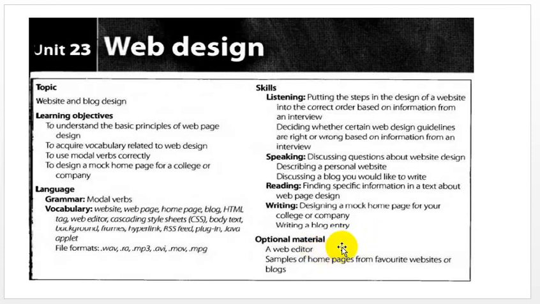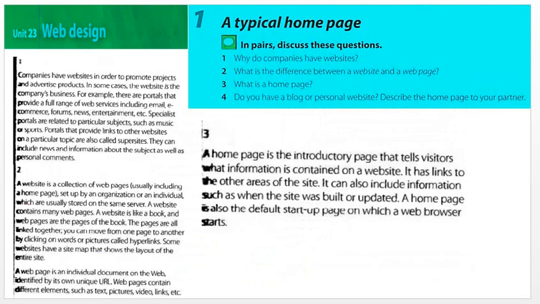Optional material: a web editor, samples in optional material, and also a sample of a home page from a favorite website or blog. These were the topics that we will talk about. Okay, let's see what is the first task of this unit.